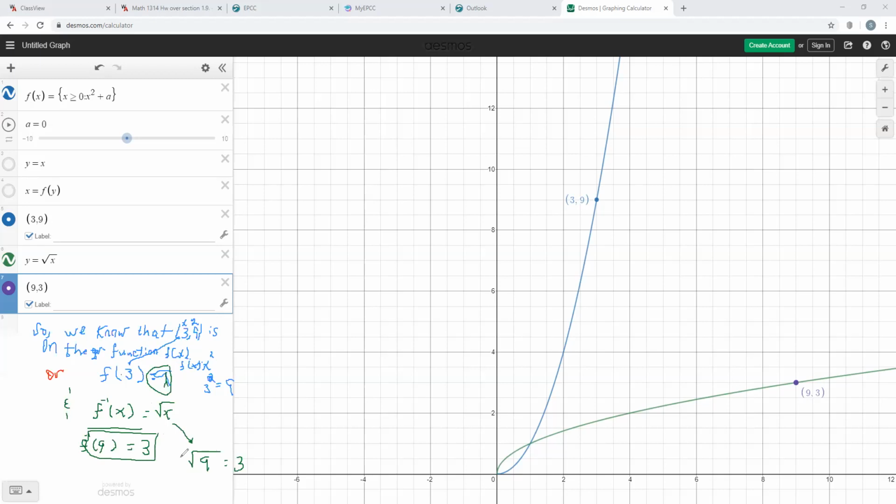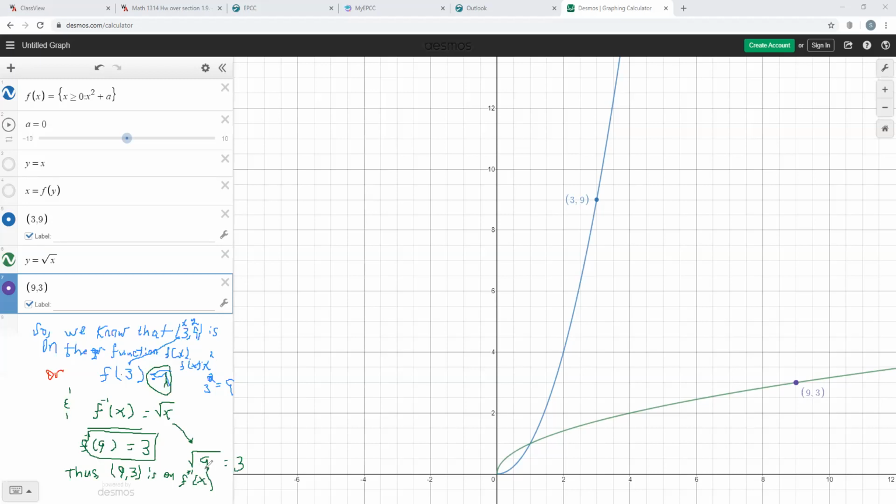Thus, the point (9, 3) is on f inverse. Now we already knew it was the inverse, but normally we're going to be asked to check it this way.